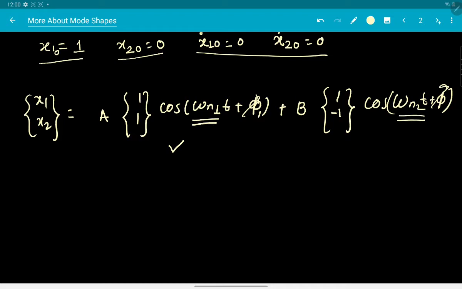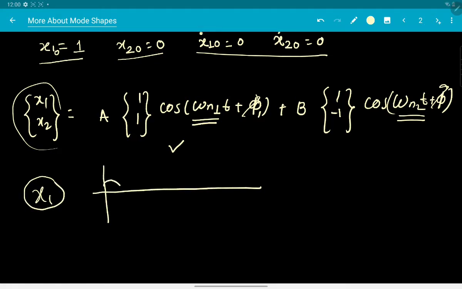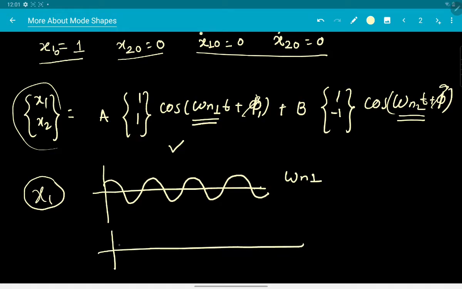Which essentially means that in the solution you get, let's say if you are looking at x1, x1 has got two wave trains. One is of circular frequency omega n1 and the other one is of circular frequency omega n2.